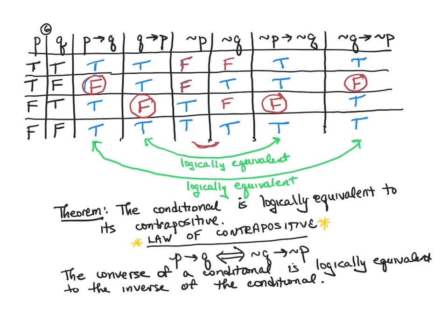So that would say, now that doesn't have a law, but I'll explain why in a minute. So this says that, I should start with the positive one. That says if Q then P is logically equivalent to if not P then not Q.